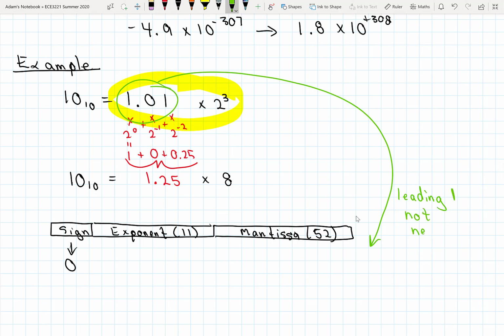Right, this 1 is not needed, so I just need the values to the right of the decimal point, which is 0, 1, and that's all I need. The rest of the 52 bits are going to be 0.